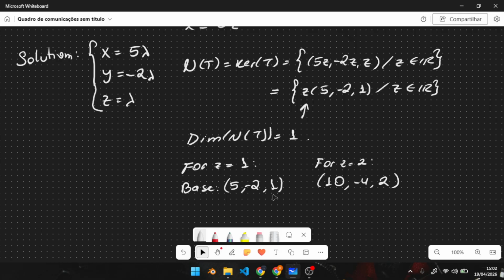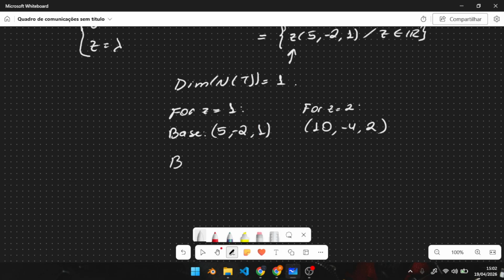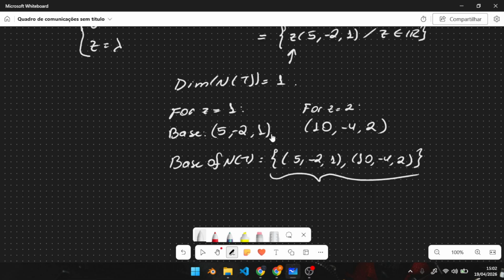So the basis of the null space of the transformation, you can say that it's the set (5, -2, 1), (10, -4, 2). Why? Because you can express any vector in the null space through a linear combination of these vectors right over here.